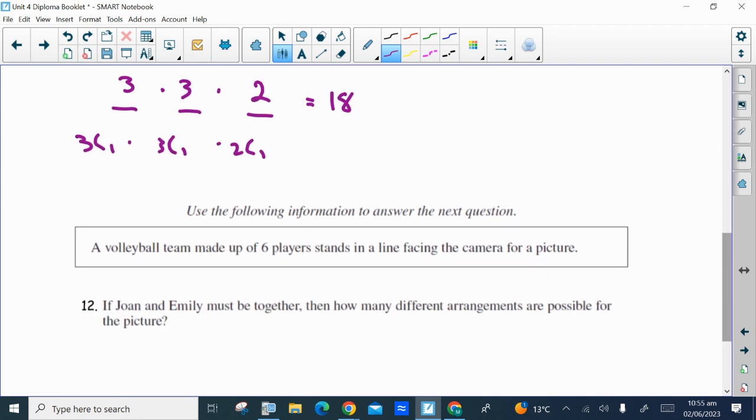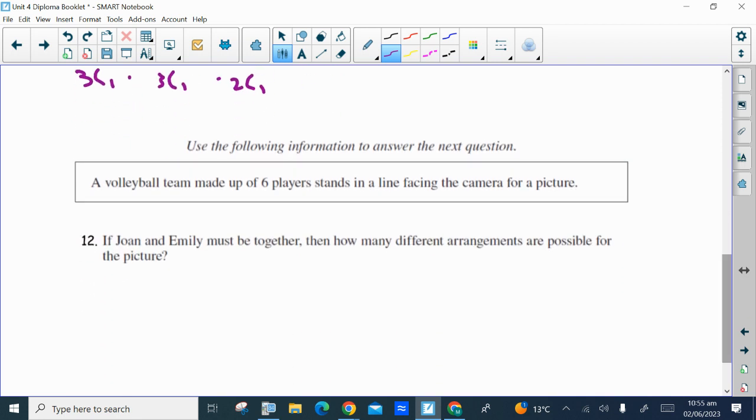A volleyball team made up of 6 players stands in a line facing the camera for a picture. Joan and Emily must be together. How many arrangements are possible for the picture? So mark down our 6 spaces. If Joan and Emily must be together, remember that they count as one object to be arranged.